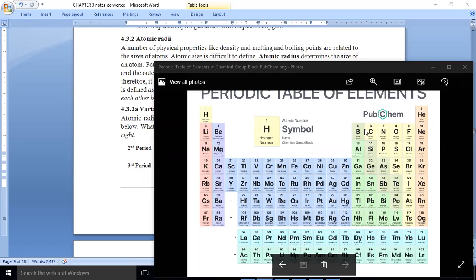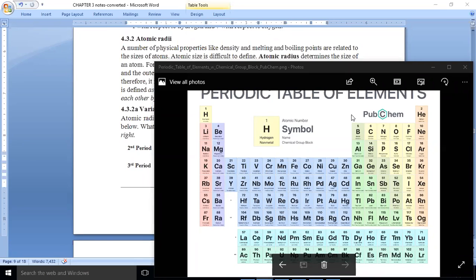So when we go to boron, the outermost shell which participates in electron filling is the P shell. How many electrons can we fill in P? The capacity of the P orbital is 6.